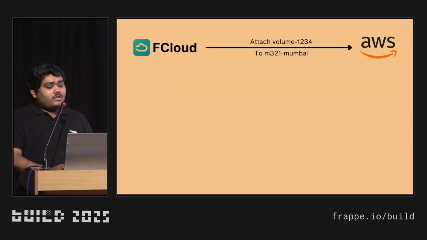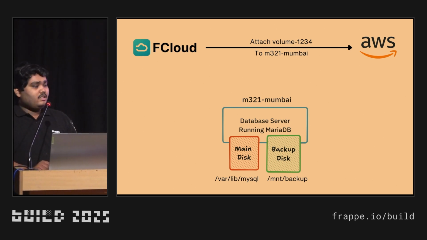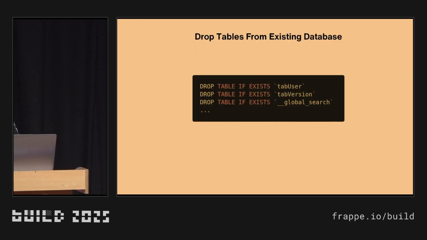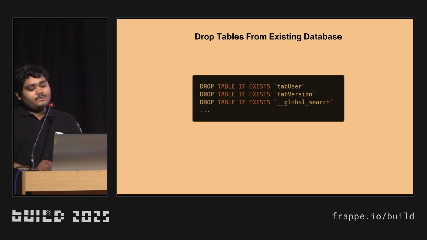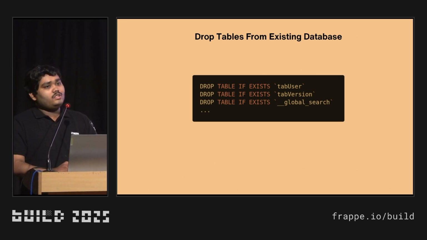Once we get the new volume, we attach it to the running database server. So you now have two disks attached: the main disk where your live database is currently running, and the backup disk where your disk snapshot, or physical backup, is.